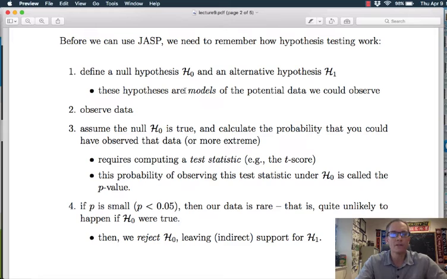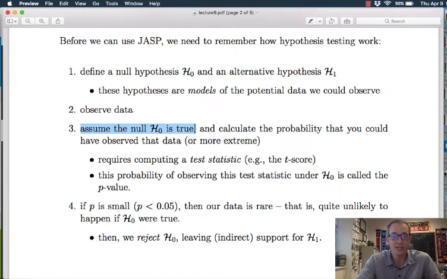Regardless, these hypotheses are called models of the potential data that we could observe. So we set up these models or these hypotheses, and then we actually observe our data. And then we basically want to figure out how good are these models at predicting our data. So here's what we do. We assume that the null is true.